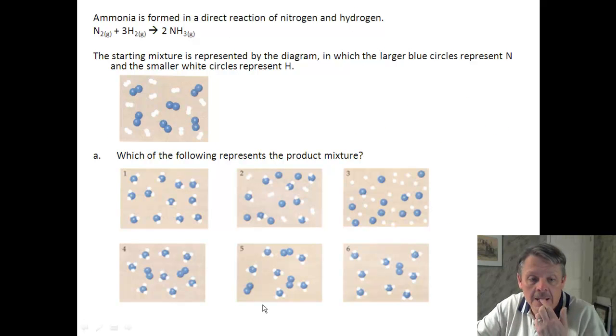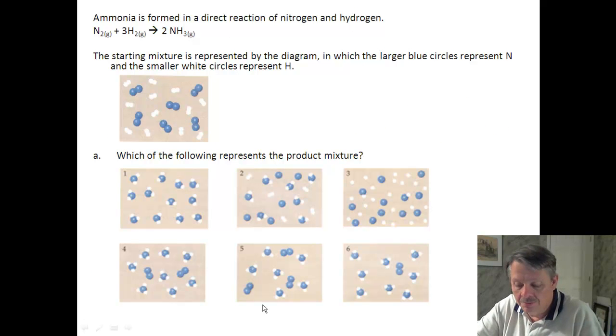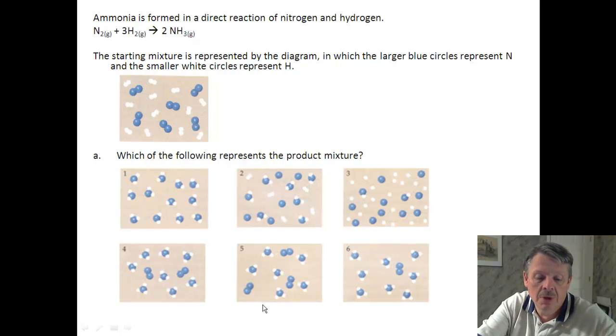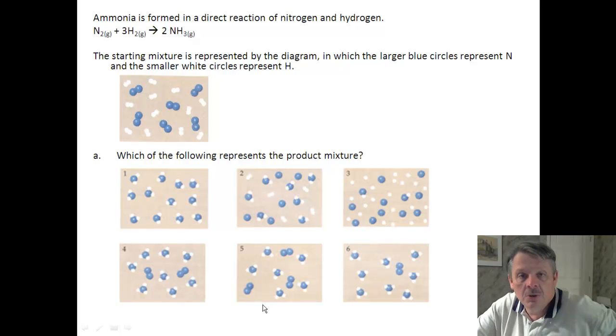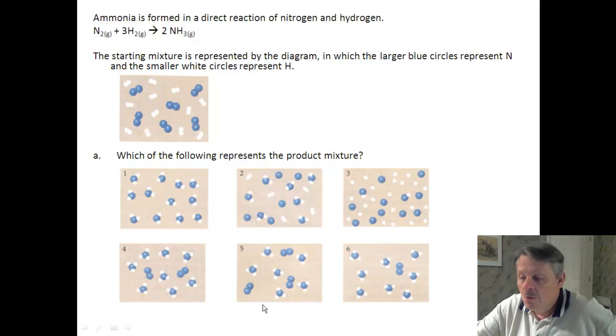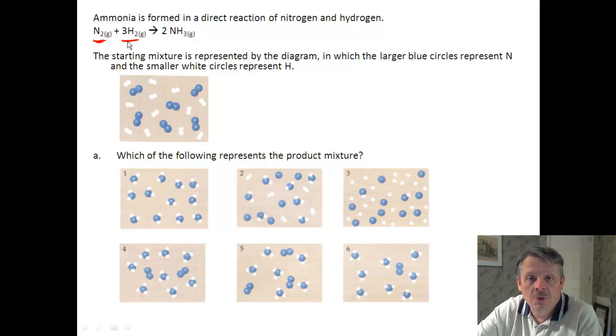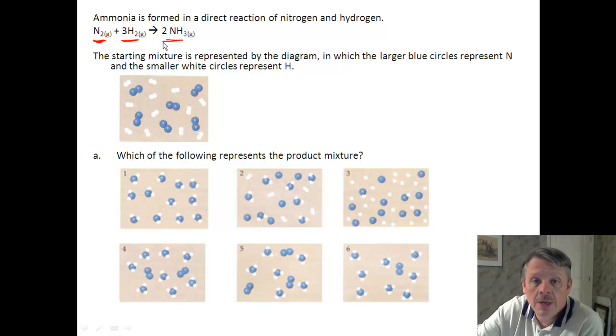Alright, this is a very interesting drawing, and it can be pretty confusing, but what it's trying to do is mimic the reaction of nitrogen plus hydrogen giving you NH3, which is ammonia, which we've already talked about. But what this means is for every molecule of nitrogen, it's going to take 3 molecules of hydrogen to bond with it to make 2 NH3s.